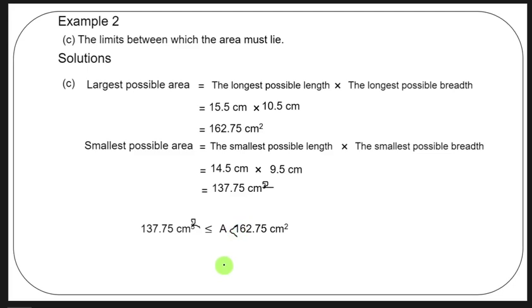So that's where the area can lie: between the lowest, 137.75 square centimeters, and the highest, 162.75 square centimeters.